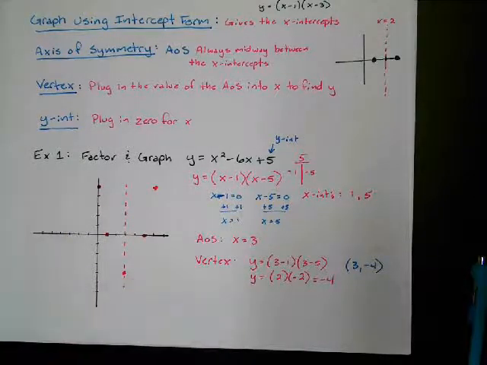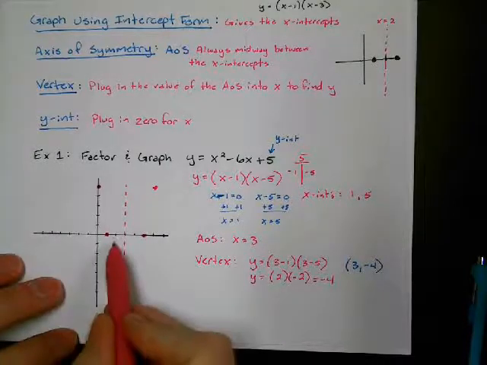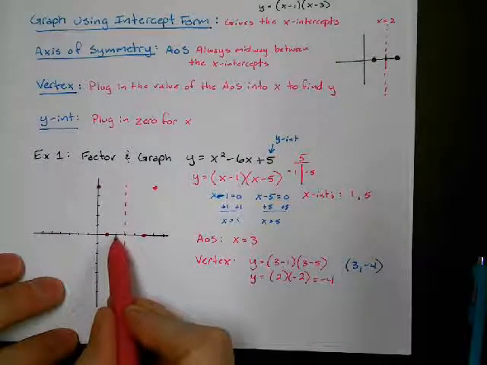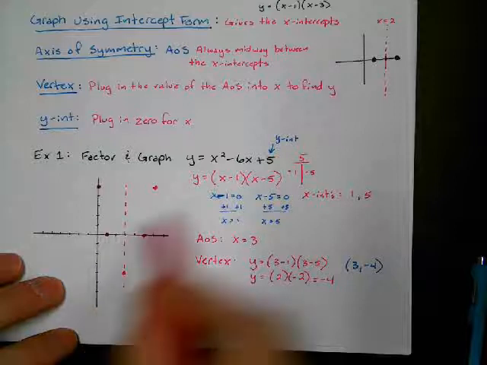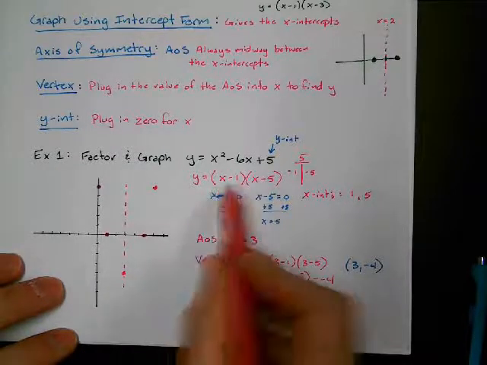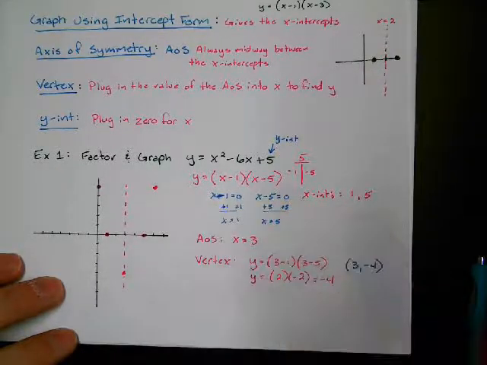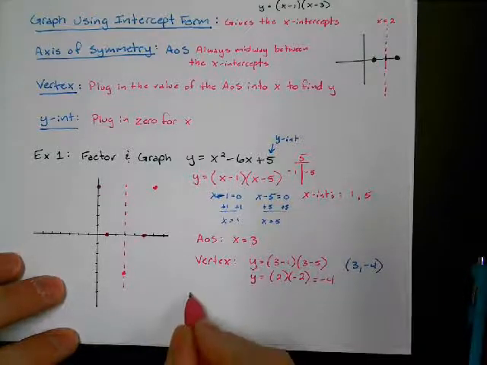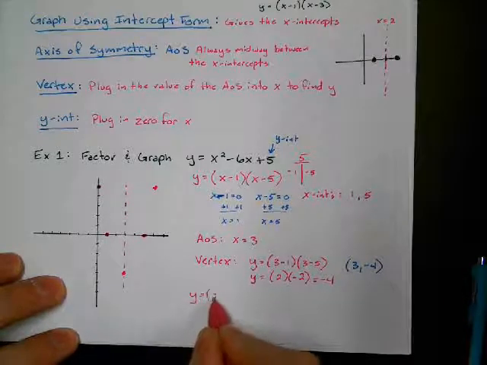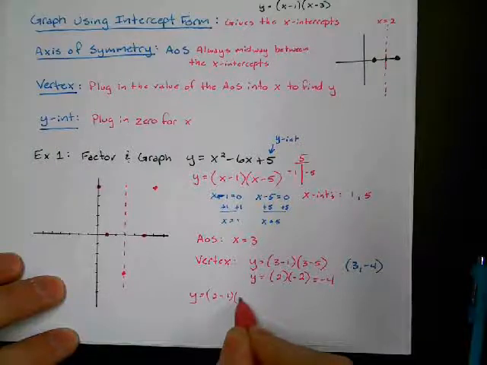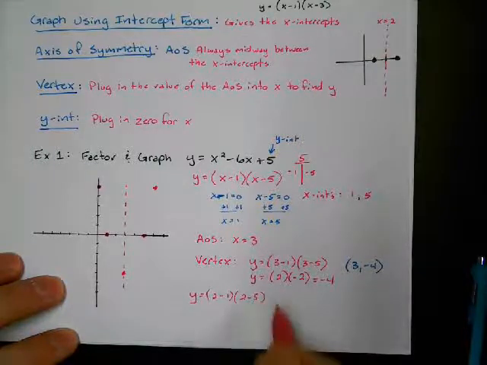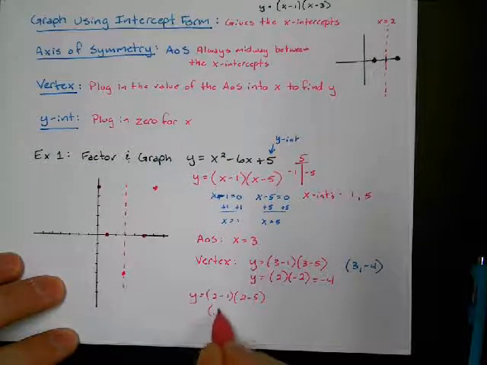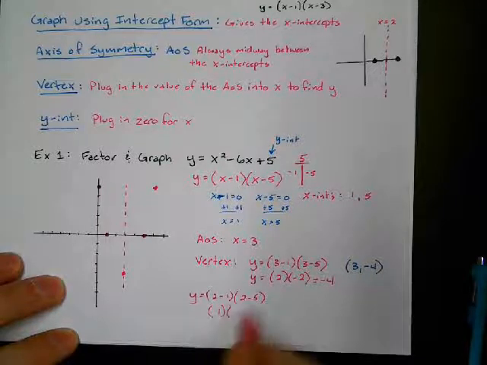If I wanted more points on my parabola, I could plug in 2 into my formula here. So if I wanted that point, I would do y equals 2 minus 1 times 2 minus 5. This would give me 1 and negative 3. 1 times negative 3 is negative 3.